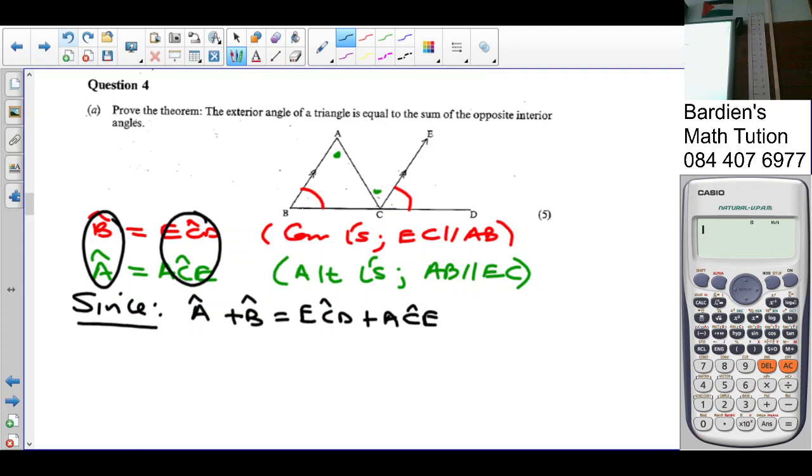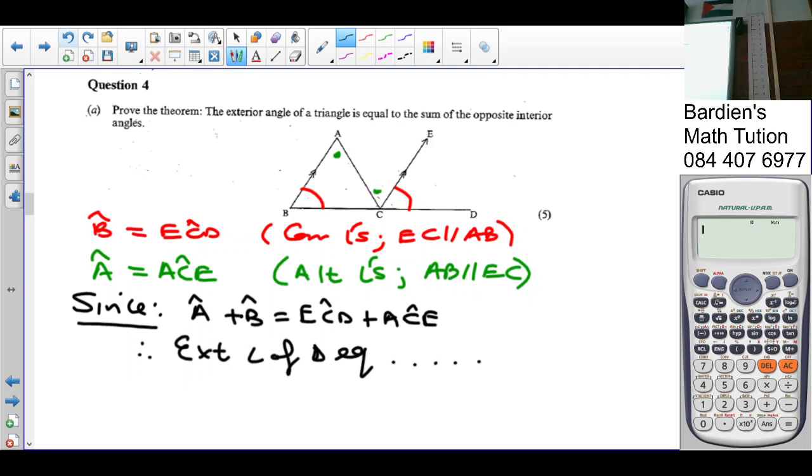If you say angle A plus angle B, it has to be equal to that angle. Can you see that? Therefore, you can conclude that the exterior angle of a triangle is equal to the sum of the two interior opposite angles. Right, you guys understand? Any confusion?